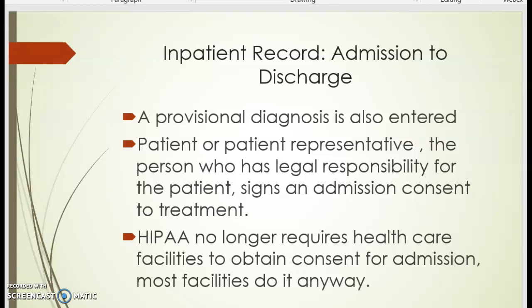This is what possibly the doctor thinks is wrong with the patient. A patient or patient representative, the person who has legal responsibility for the patient, signs an admission consent to treatment. HIPAA no longer requires healthcare facilities to obtain a consent for admission. Most facilities do it anyway.